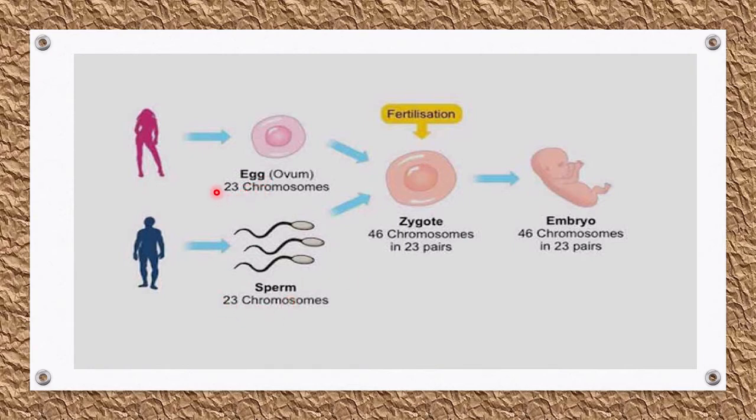That's why there are 23 chromosomes in the egg cell and 23 in the sperm cell, and they fuse together to form a zygote. As a result, the offspring will have 46 chromosomes, that is, 23 pairs. In this way, generation to generation the number of chromosomes is maintained by the phenomenon called meiosis.